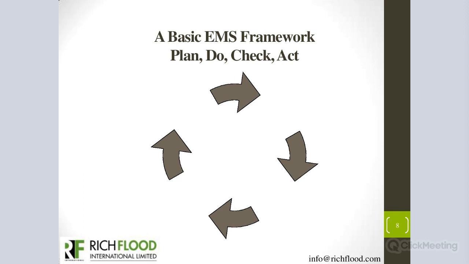How is the EMS structured? Before we go into explaining that, we need to look at the basic EMS framework, and it's in 4 stages. The environmental management system follows a plan, do, check, and act cycle.